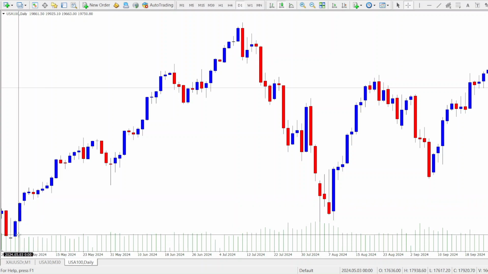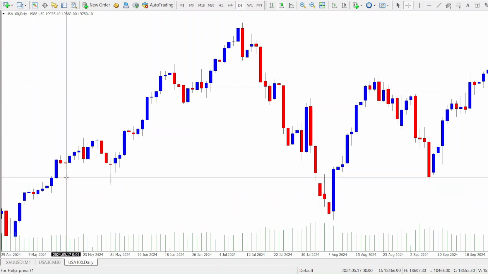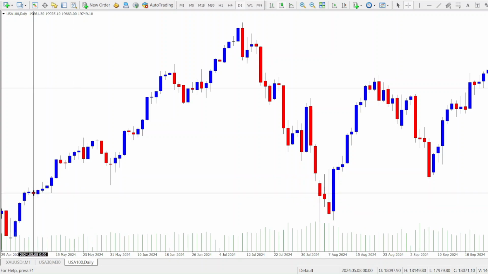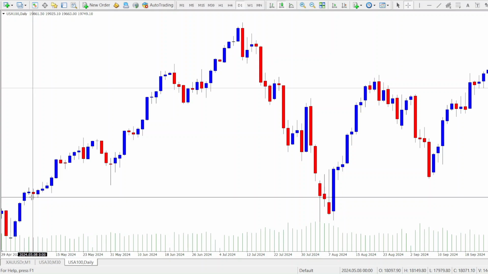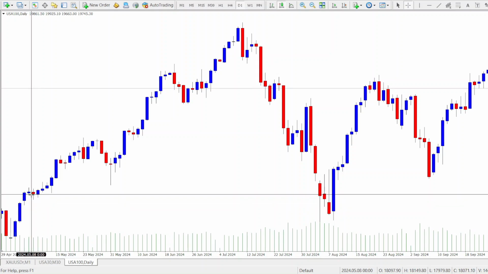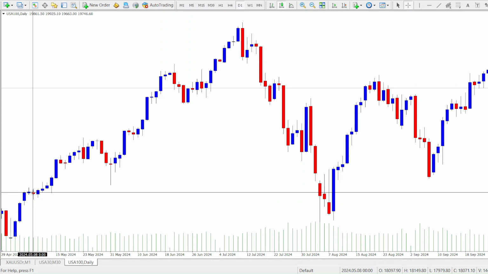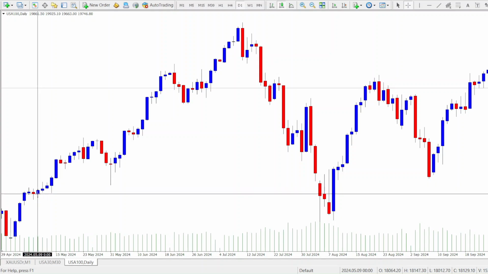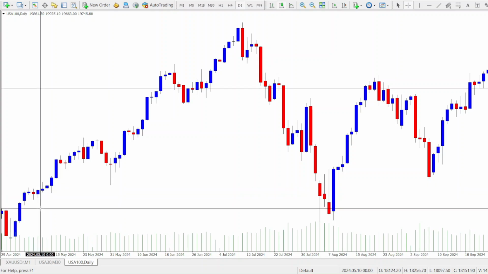For example, this was a bullish move. Remember that this represented indecision between the bulls and the bears. So at this point, we wouldn't have been sure whether the price would continue upwards or reverse downwards.